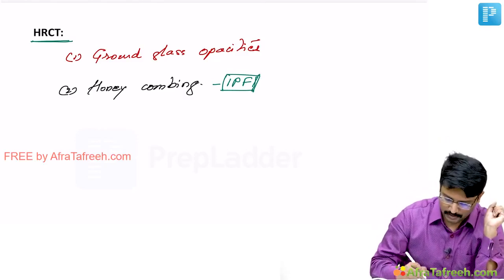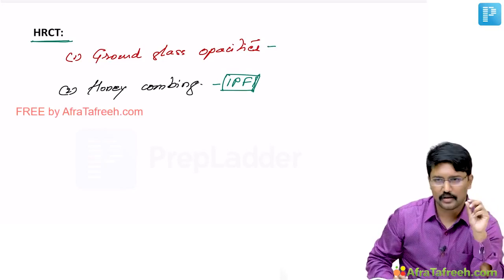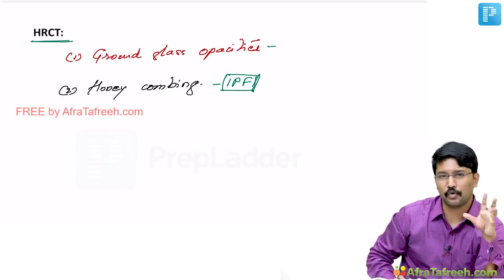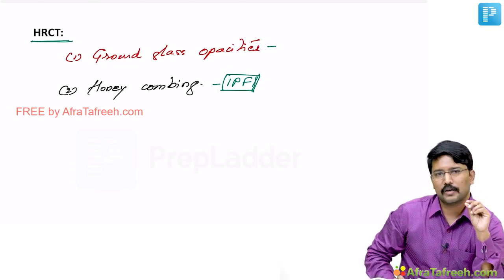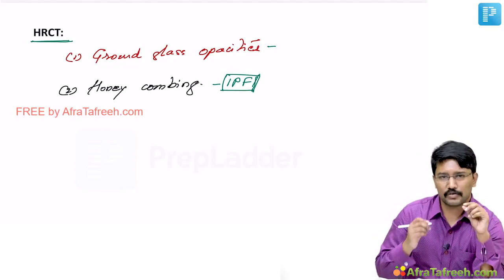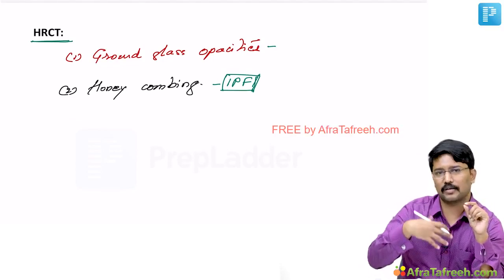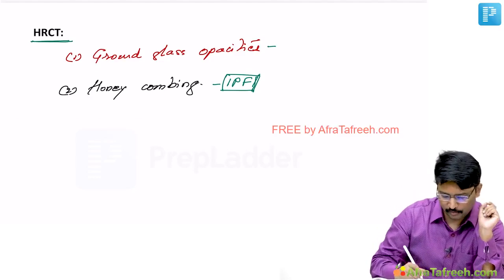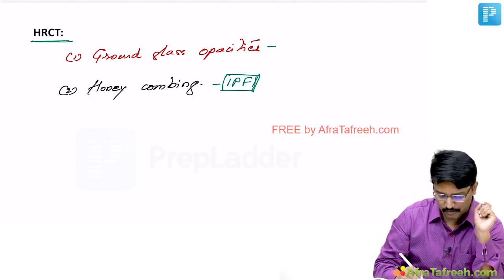distortion. On the other hand, ground glass opacities are opacities which are not too opaque, in the sense that they allow us to see through them, and the underlying bronchovascular structures can be seen through them.